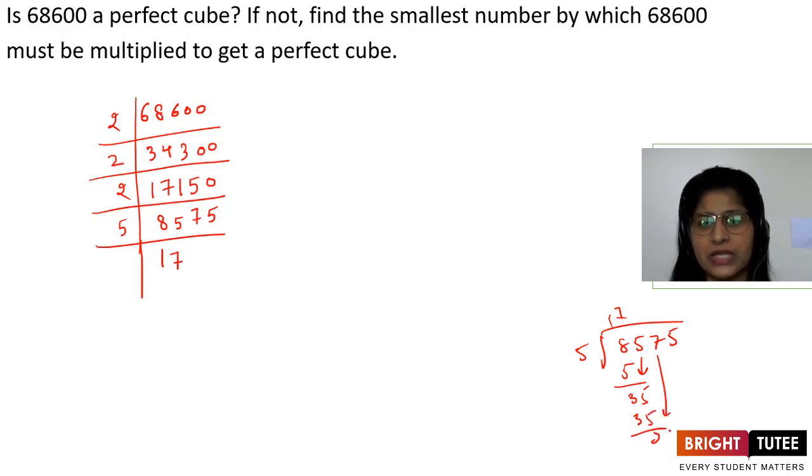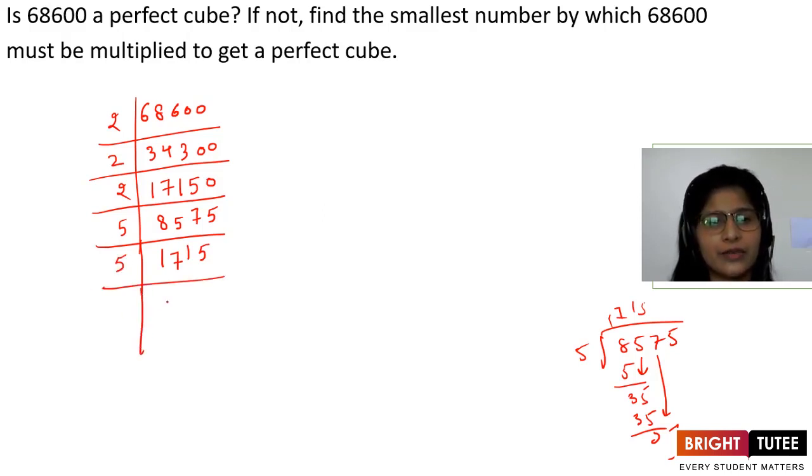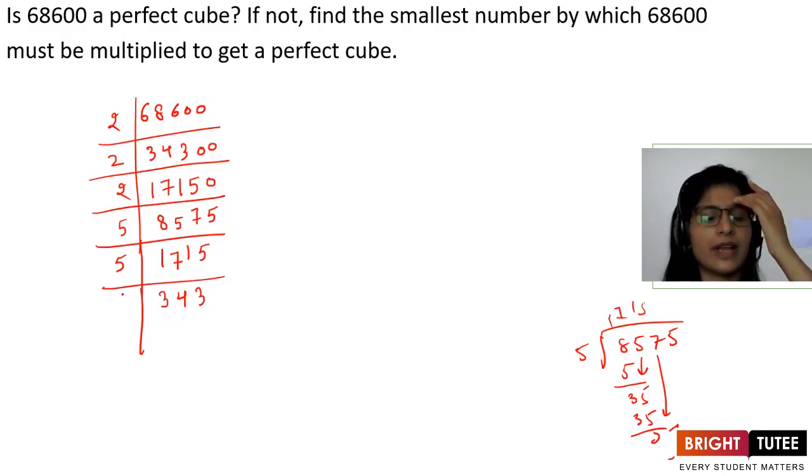Now you will copy 7. Is 7 divisible by 5? Yes. 5 ones are 5, 2 is left. Then 5 fives are 25. So we get 1, 7, 1, 5. Clear? Now again with 5. 5 threes are 15, 2 is left, 5 fours are 20, 5 threes are 15. Now 3, 4, 3 is there. It is not divisible by 5 also.